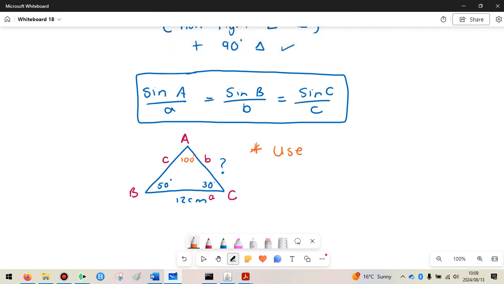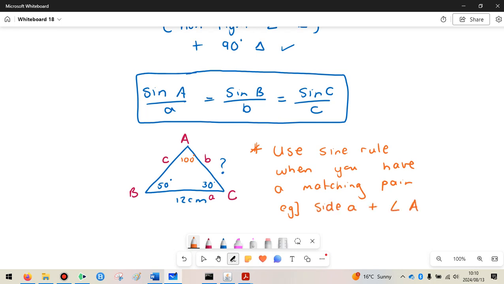Well, we didn't technically have this to begin with, but we could easily work it out. So let's write here: use sine rule when you have a matching pair, for example, side A plus angle A, like in the example we have in front here.